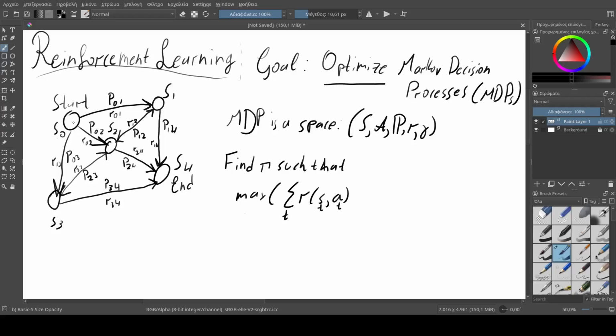So you go from S0 to S2 and then you cannot go back, so you have to choose between S1 and S4 and S3, and then you have to pick another action until you end up at S4.